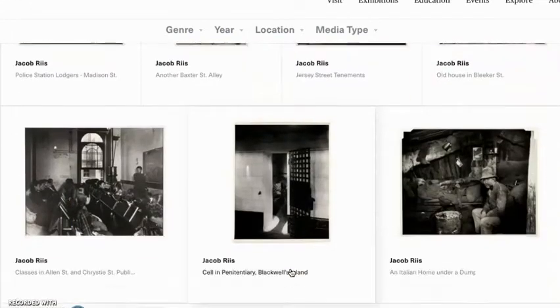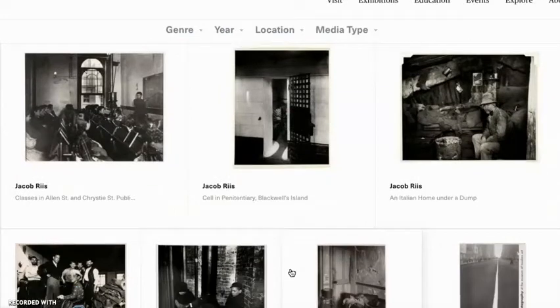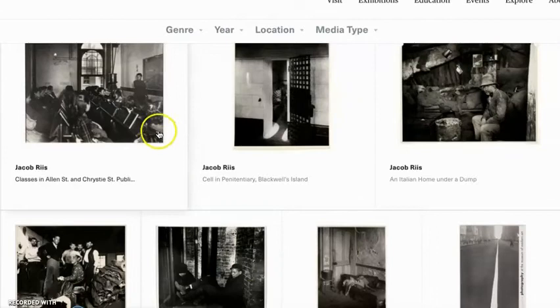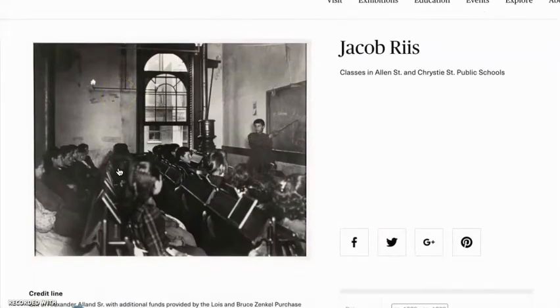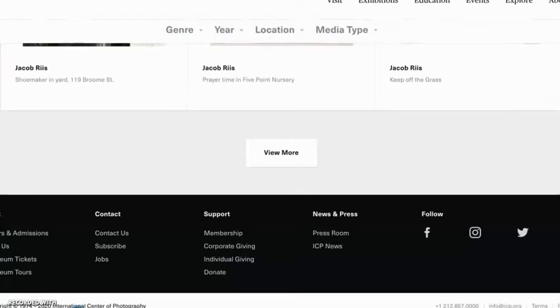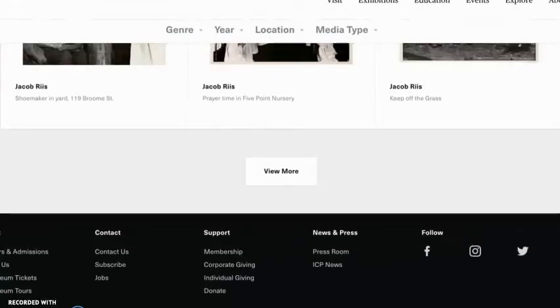So I'm going to keep looking here. And I'm going to look at the different pictures. Here's another picture from school. These are all immigrants living in New York.